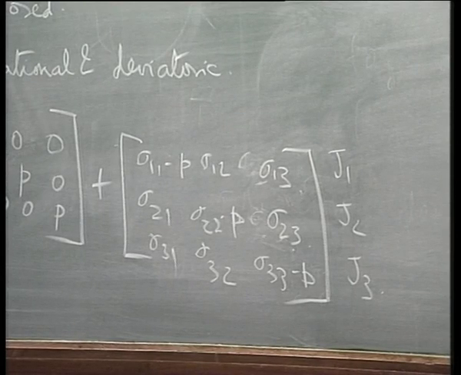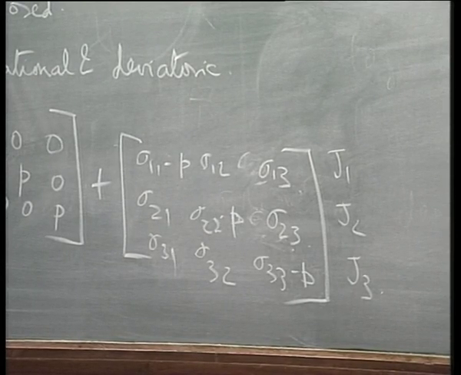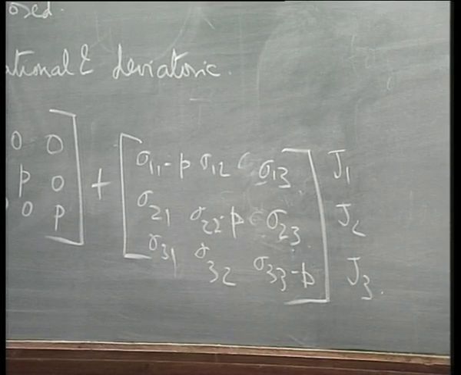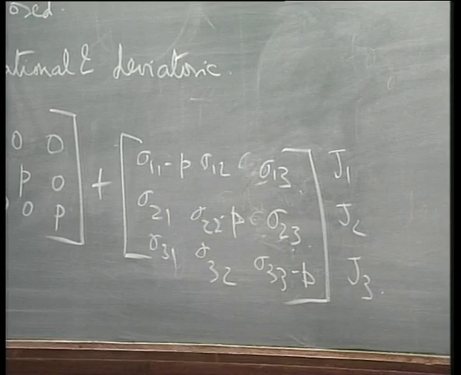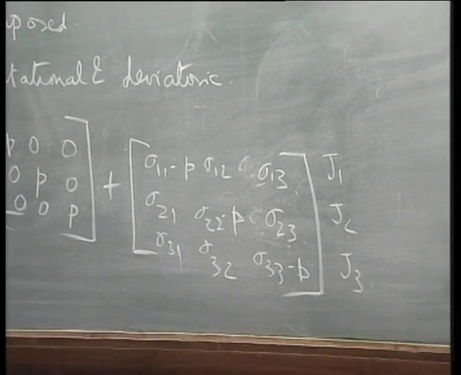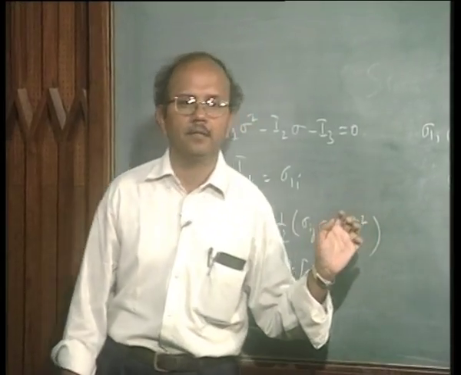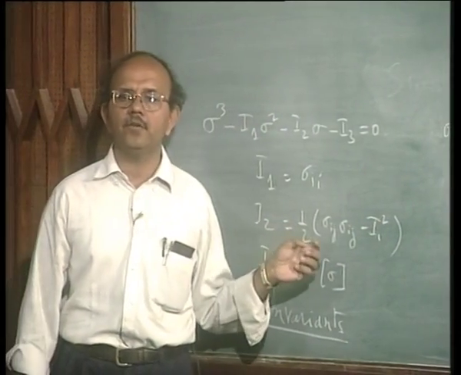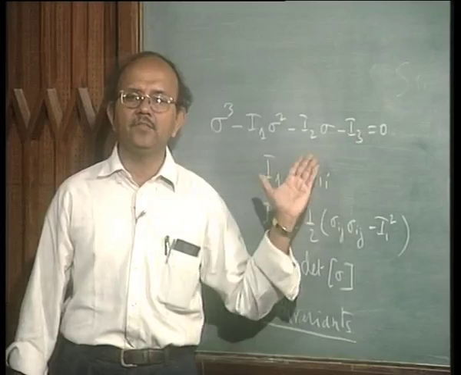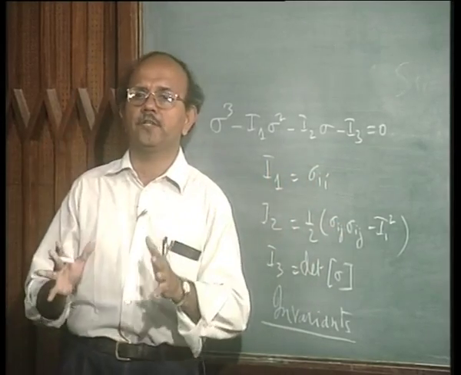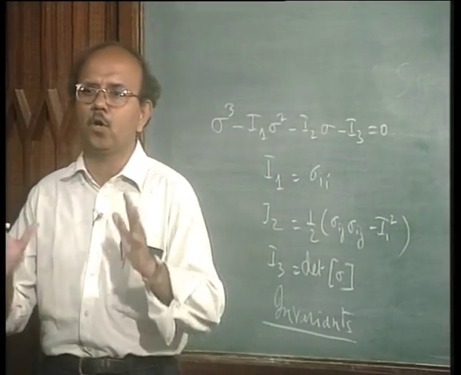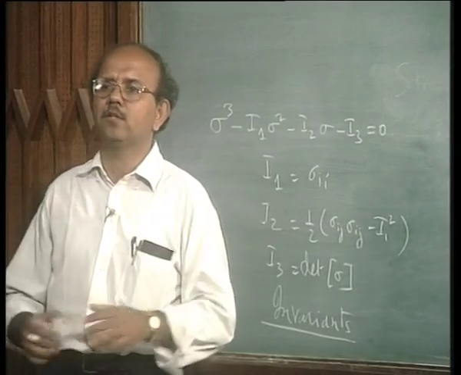Look at that, 0. J1, J2, J3 are obtained from my equation here. These 3 invariants are always present. Please note this carefully: these invariants are always present when I look at a second order tensor.